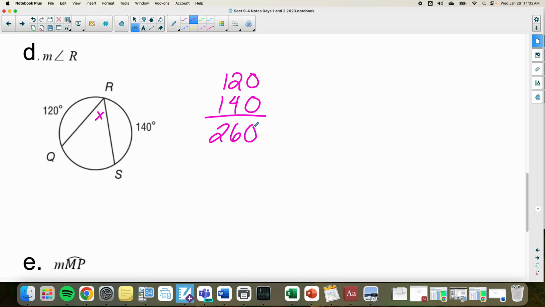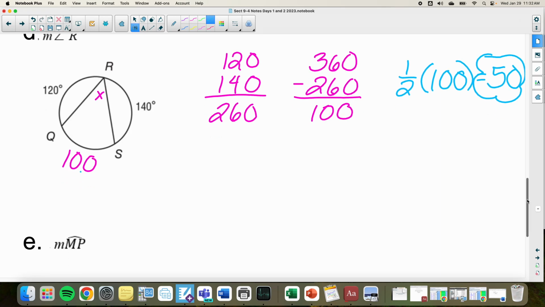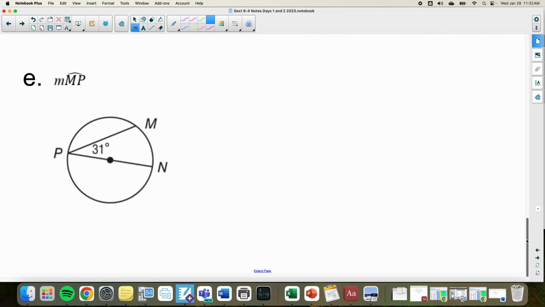And then what you would do is you would take 360 and you would subtract 260 and you would get 100. So that is how we get this arc. And then, like Lexi said, the angle would be half of 100. And half of 100 is 50. You don't have to show any of that when there's no algebra involved.